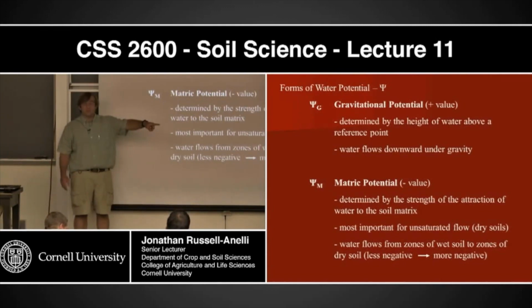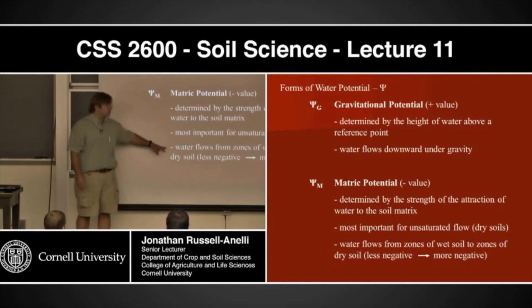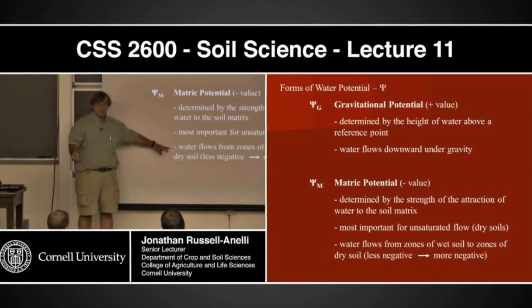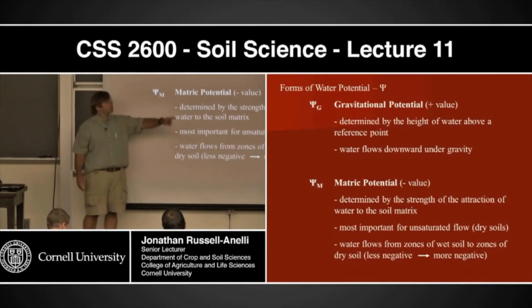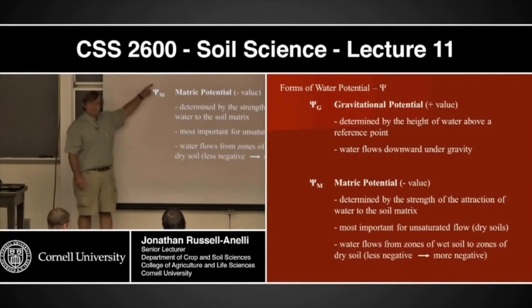Imagine what it was like when I started wetting that sponge. Okay? Water flows from zones of wet to zones of dry. Zones of less negative to zones of more negative potential. Okay? What we saw there was basically the interaction of these two.